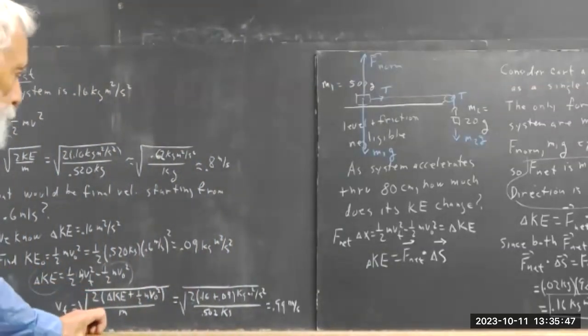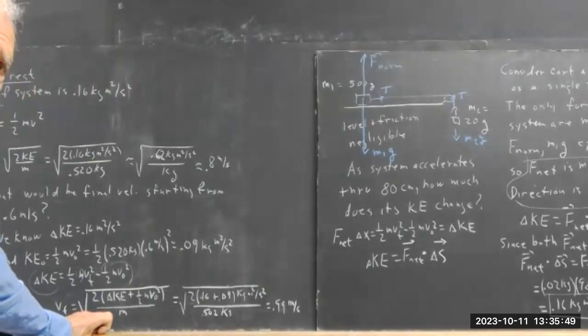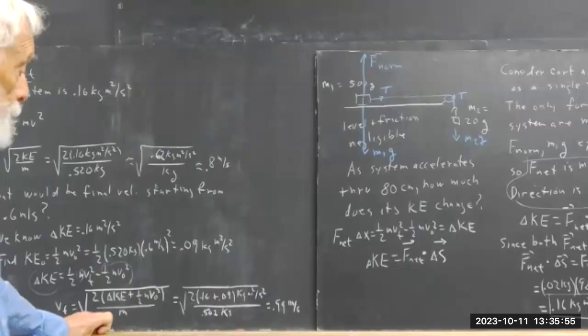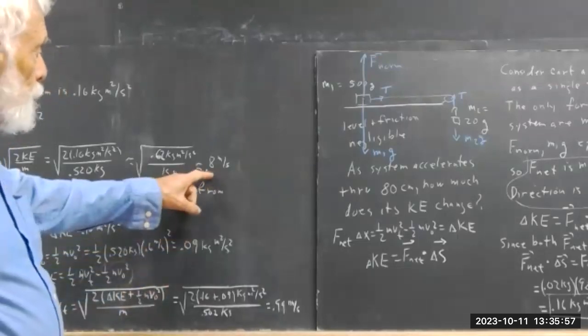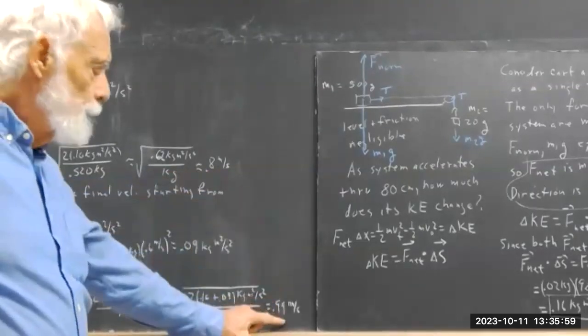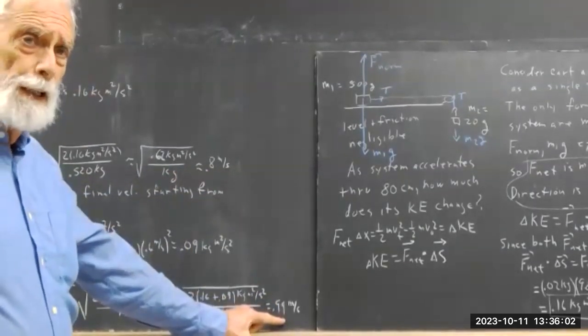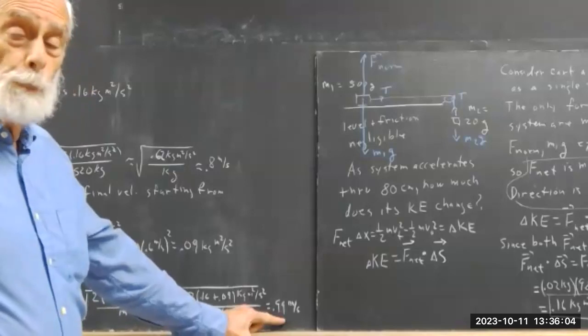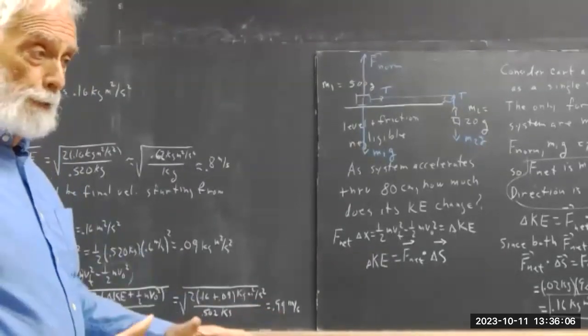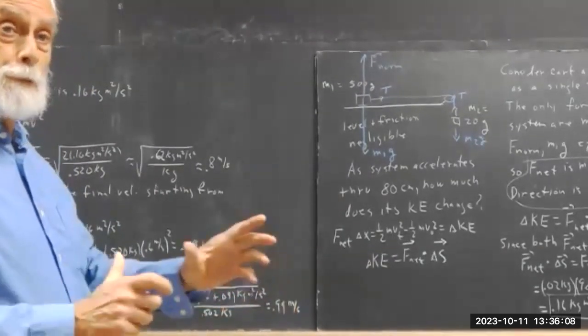Okay. So by starting at 60 centimeters per second, 0.6 meters per second, our final velocity went from 0.8 meters per second to 0.99 meters per second. We only added about 0.2 meters per second, even though we started with an extra 0.6 meters per second.